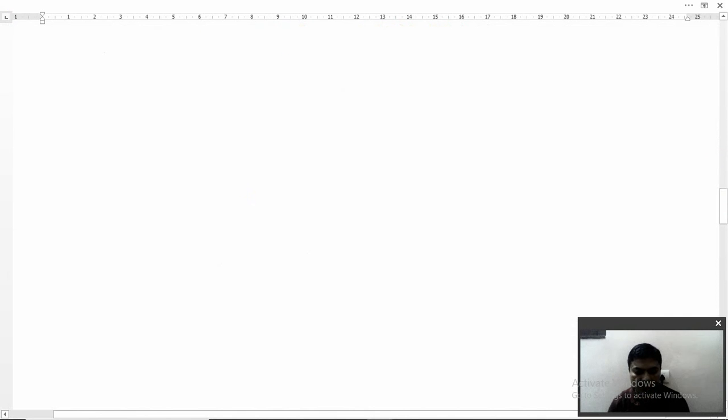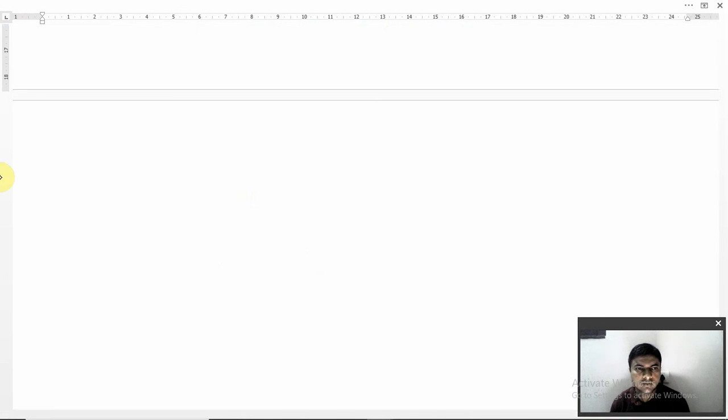Okay, so we'll just try for the next example where we are going to take the 3 cross 3 matrix. Okay, just try this once. I will give the example here. Example. So very simple.